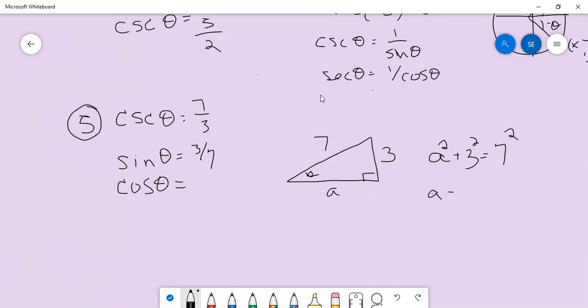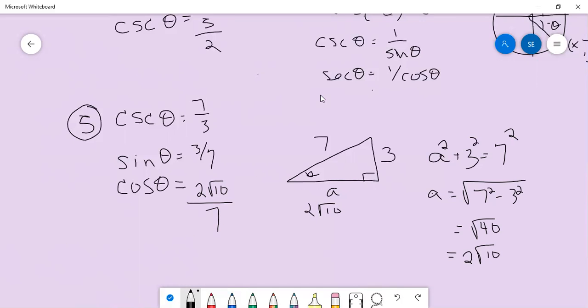Or a is equal to the square root of 7 squared minus 3 squared, which works out to be 7 squared is 49 minus 9 is 40. So this works out to be the square root of 40, and we can simplify this as 4 times 10, so 2 times the square root of 10. So now if we say cosine is our adjacent over our hypotenuse, this becomes 2 square root of 10 over 7.